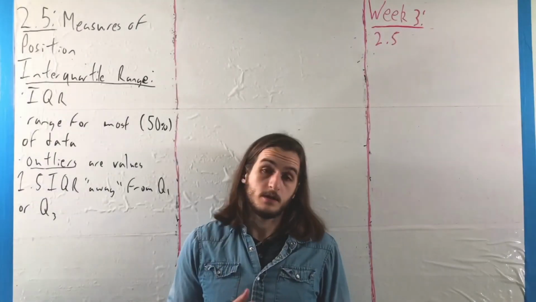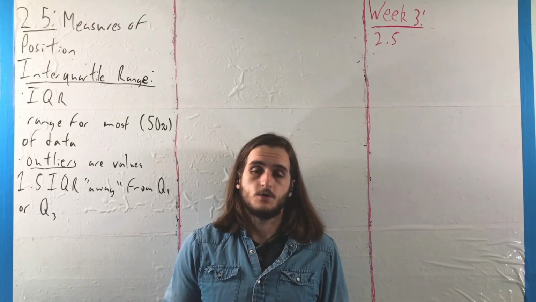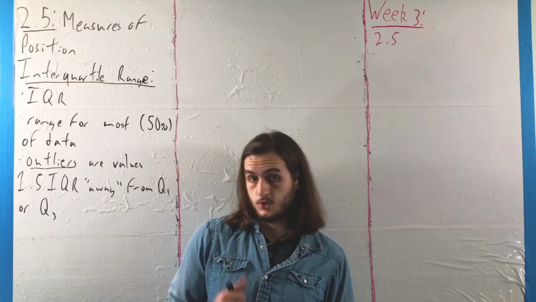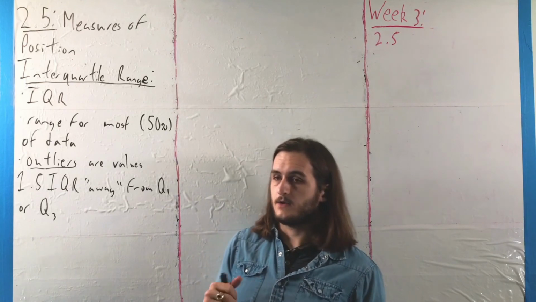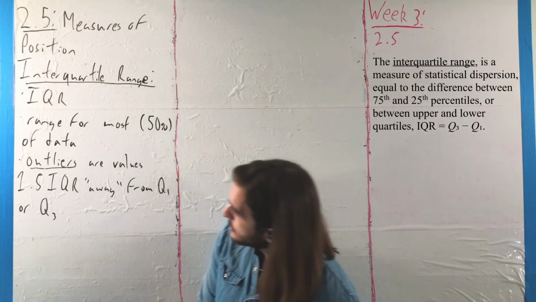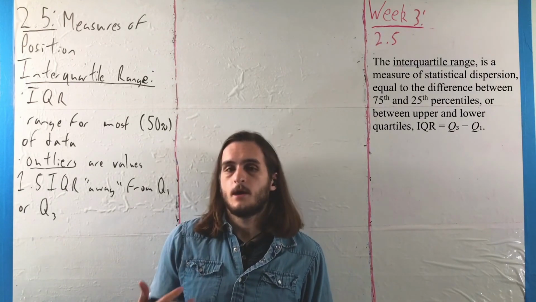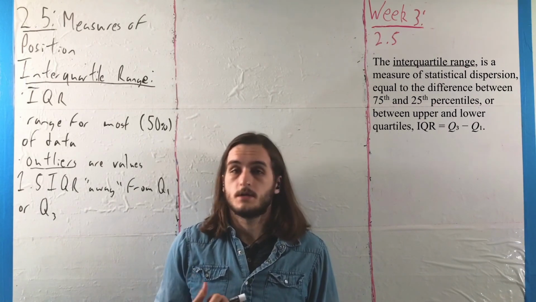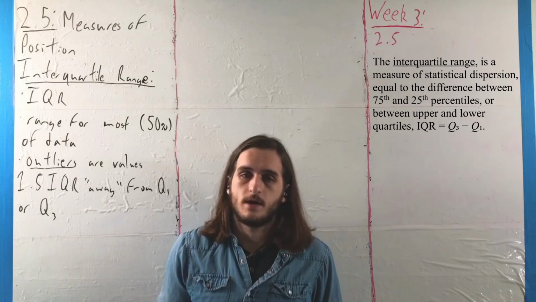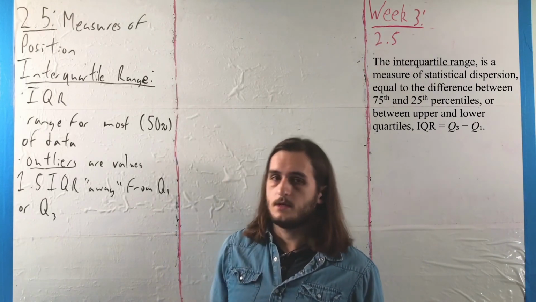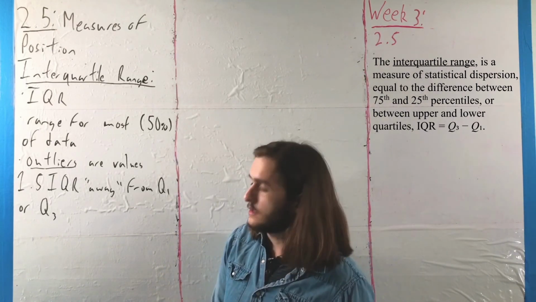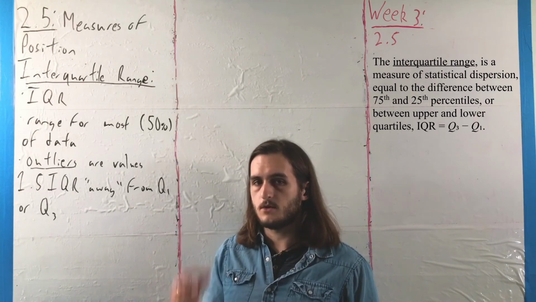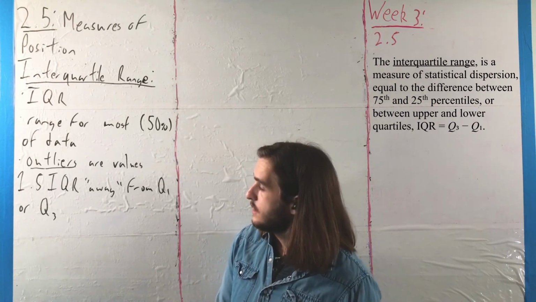Now we're going to look at a way that we can use quartiles to quantify unusual data in terms of a value called the interquartile range, or IQR, where the interquartile range is just a representation of where most of the data lies. It's the range of values between Q1 and Q3. It's that middle 50%.